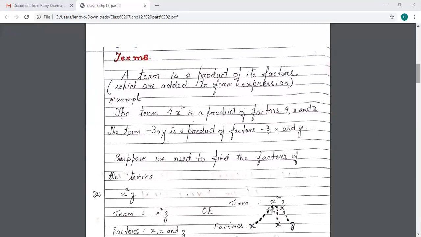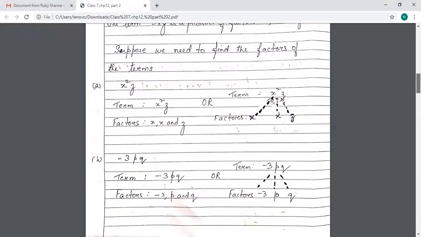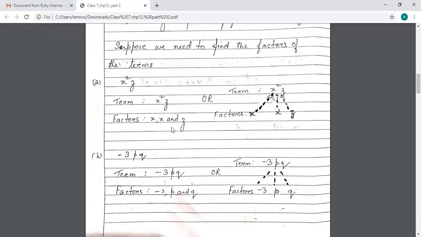Now suppose we have to find out the factors of x square z. So in this case, first we write what is the term, x square z. It is a product of the factors. So what are the factors present here? x, x and z. Now I have just shown you this for an explanation. Here I have used dotted lines to show the two x and the z which are multiplied to form this term x square z.